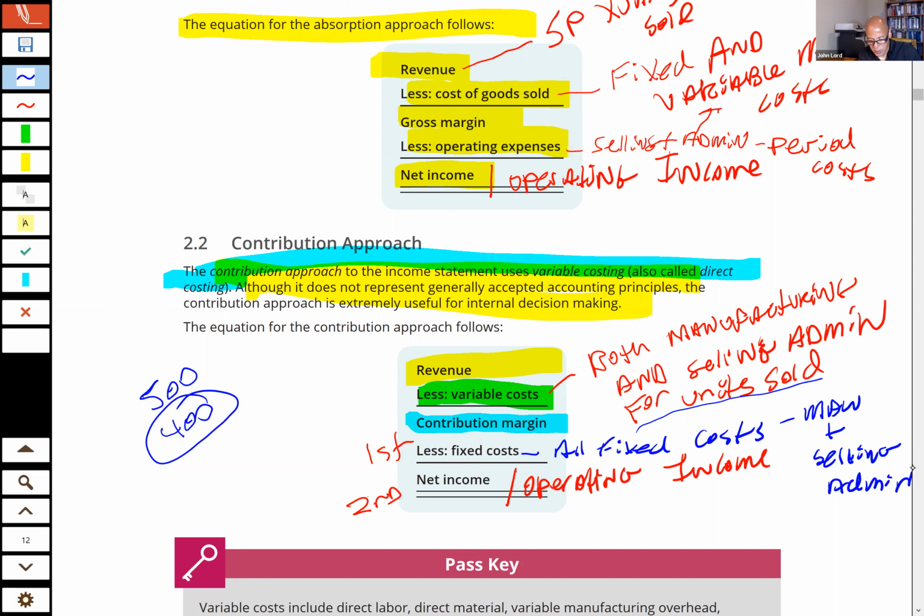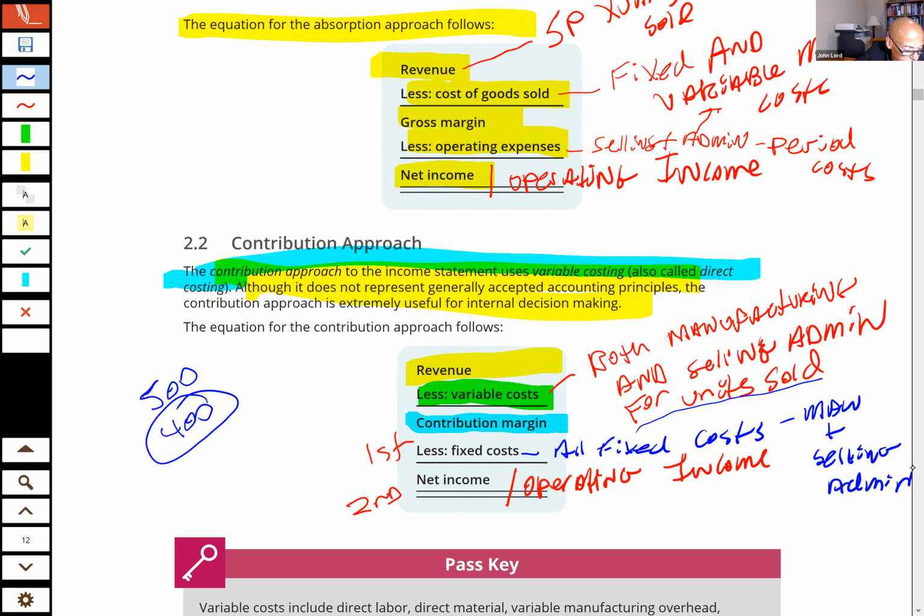But under the absorption approach, we don't take the fixed overhead costs until we actually sell the units. Whereas for our contribution approach, we take all those costs off in the period in which they're incurred.